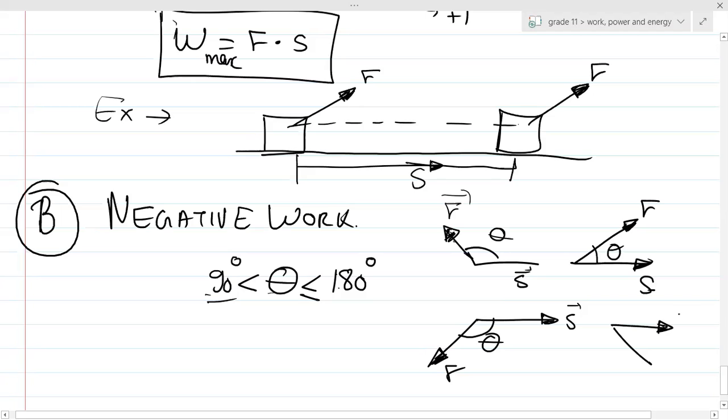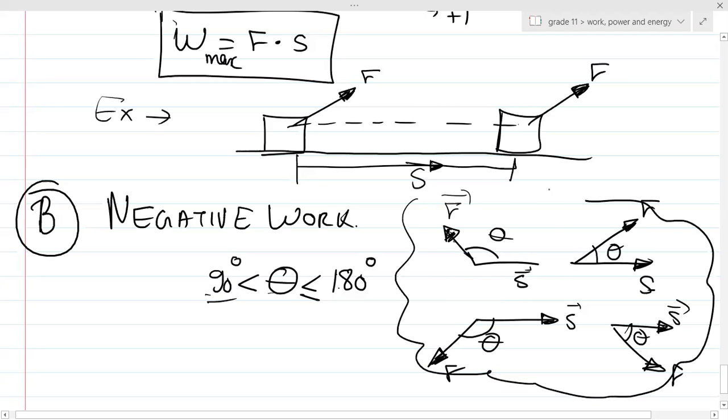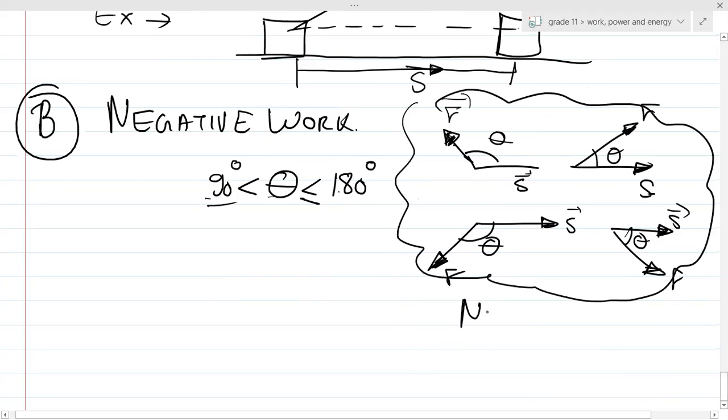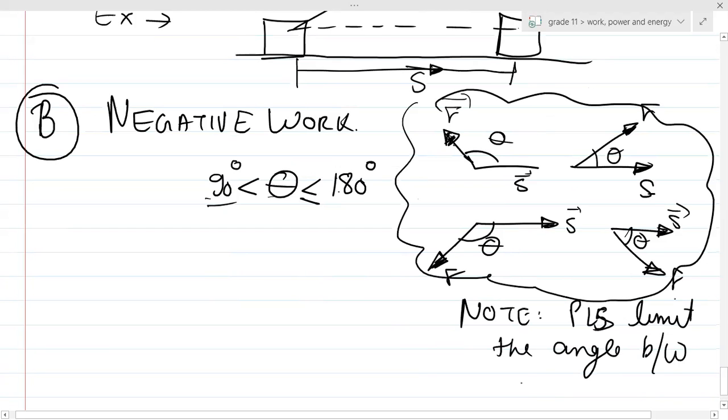So basically, you need to limit your theta to between 0 and 180 degree. Note, please limit the angle between 0 and 180. Don't make it greater than 180. Okay? Is this clear, guys?